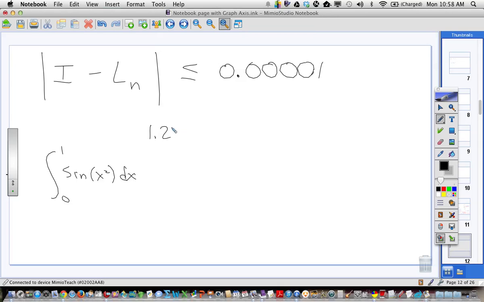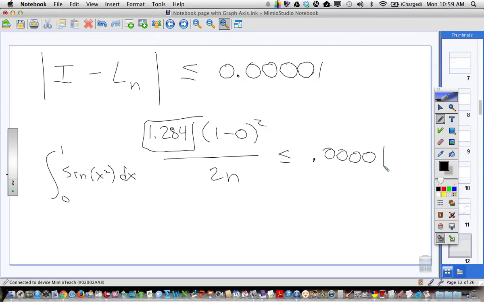So what was it? 1.284. That was the K1, and then 1 minus 0 squared, and then what would be on the bottom? 2n. We don't know it. That's what we're trying to find, right? How many rectangles will it take to have this as my max error?